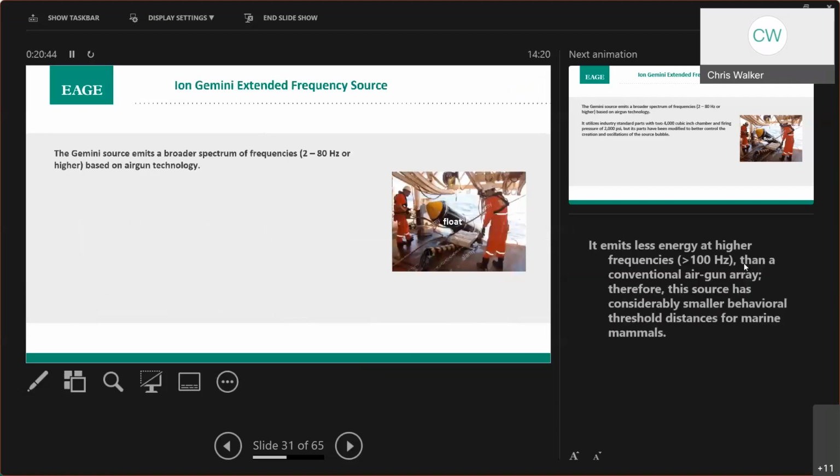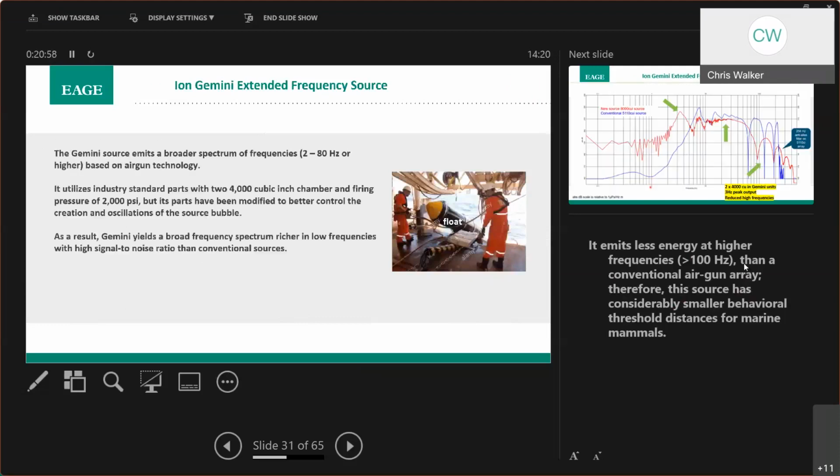Next slide, please. So moving on to developments on the low frequency side of the airgun sources, this is ION's Gemini source. And if we can just step through the slide, please, Luca.